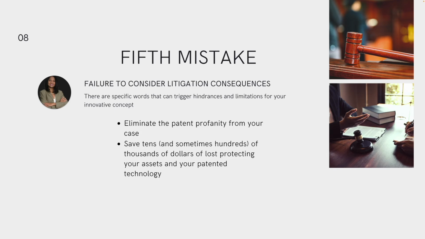You don't want your title to be narrowed to the point where, say you wanted to license your patent, and it's a widget that, and this goes into the sixth mistake, it's a widget that can be inserted in an engine, and say you're using it for a motorcycle.